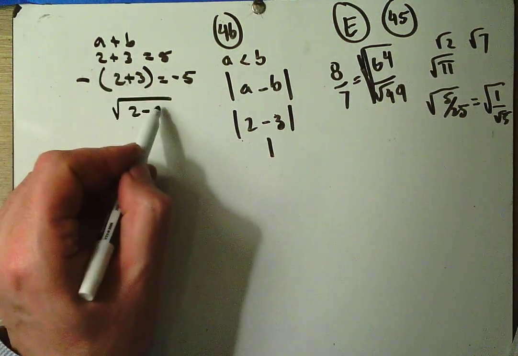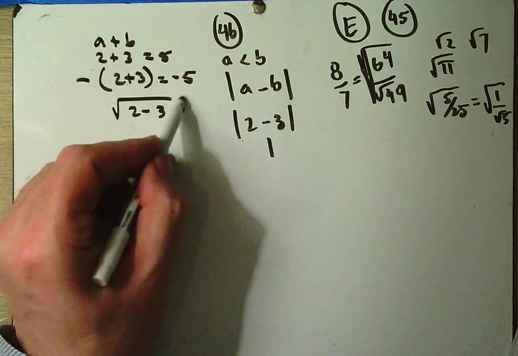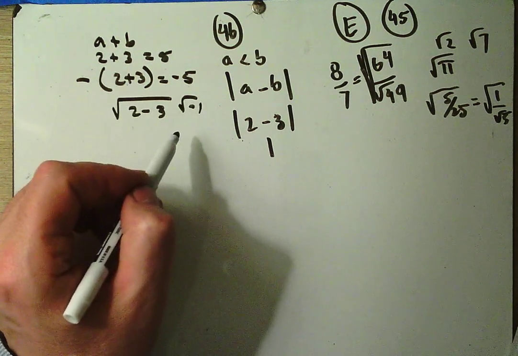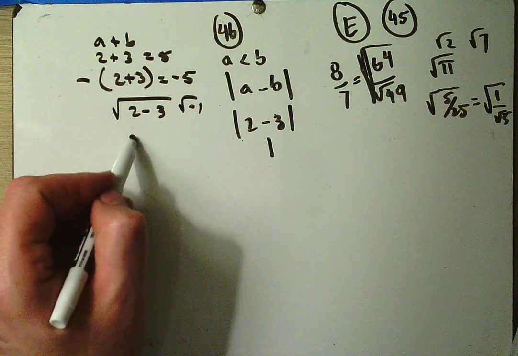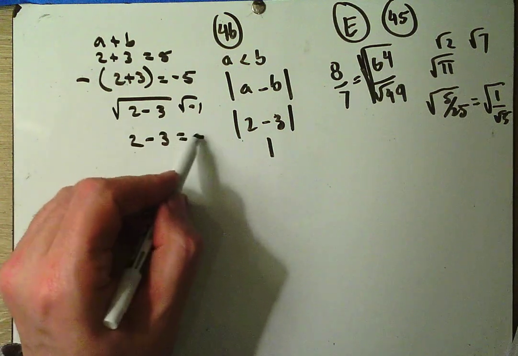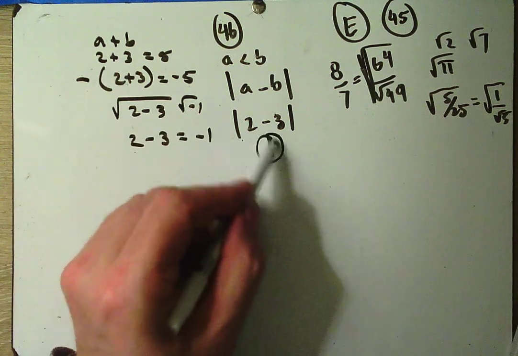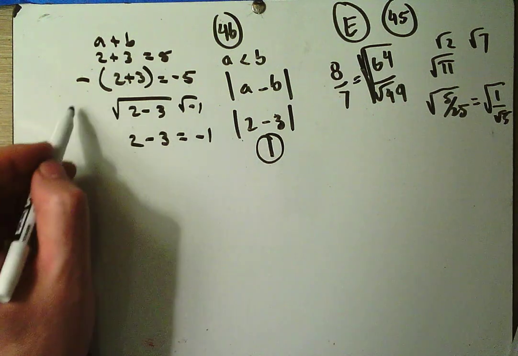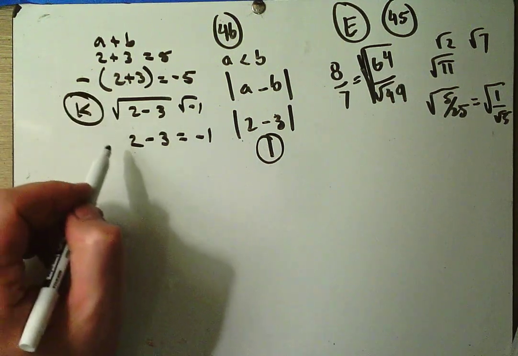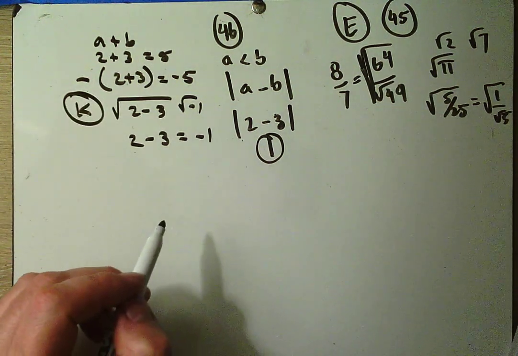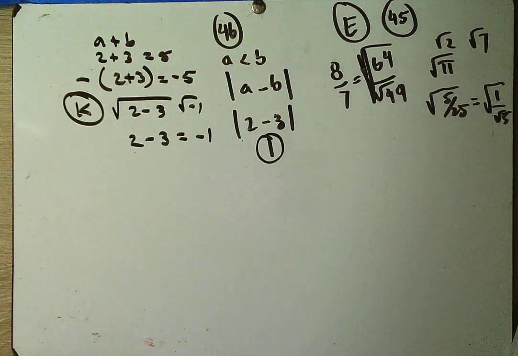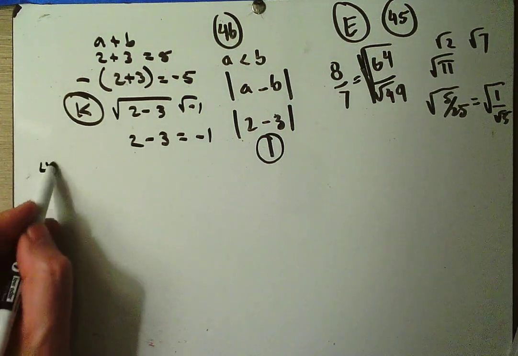Square root of 2 minus 3? No, that's the square root of negative 1. That doesn't work. How about 2 minus 3? No, that's negative 1. We need positive 1. So by process of elimination, or you can check it out yourself, K will be our answer to 46. 46 is K.